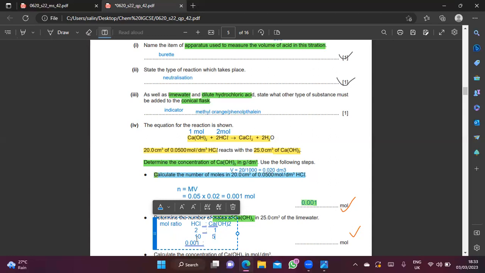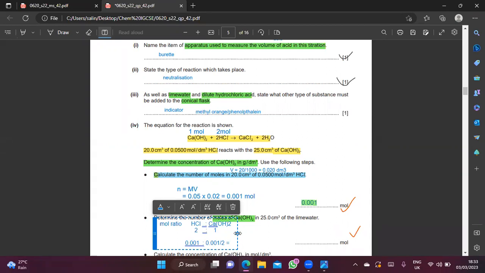And if this is 4, automatically you can calculate directly this is 2. How do you calculate? Divided by 2. If this is 10, 10 divided by 2, you get 5. That's how we calculate it. So in other words, in order to get the number of mole of my calcium hydroxide, all I need to do is take whatever I got from my calculation just now, divided by 2.